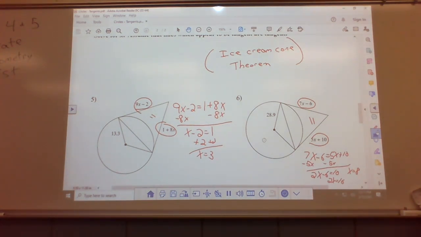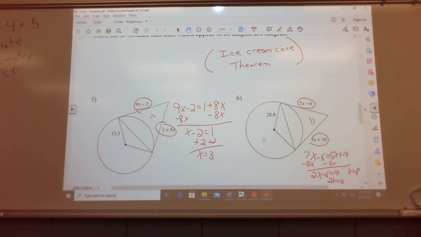Definitely one of the easier theorems out there. And the first 4 aren't bad either, especially since we've done the Pythagorean theorem before. They're just a little tricky at times. Any questions on those 2?